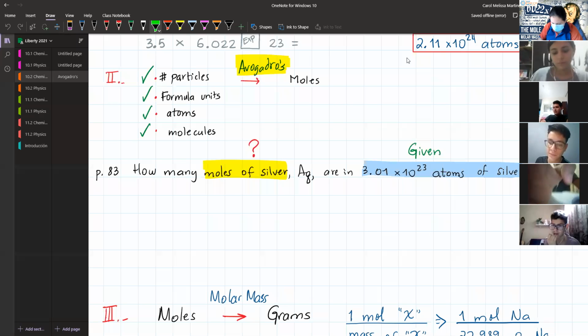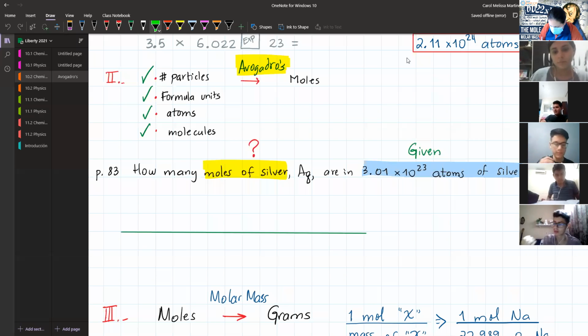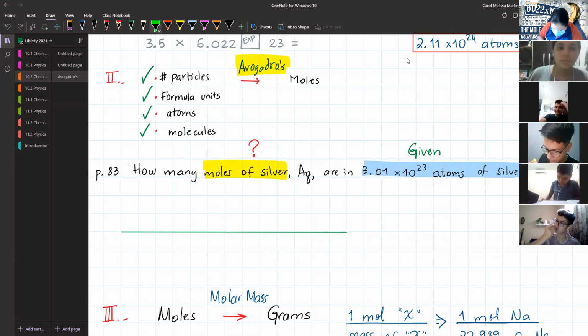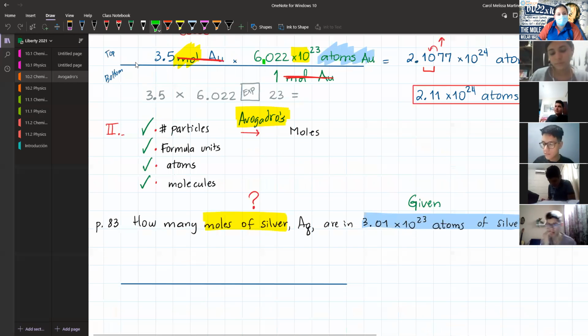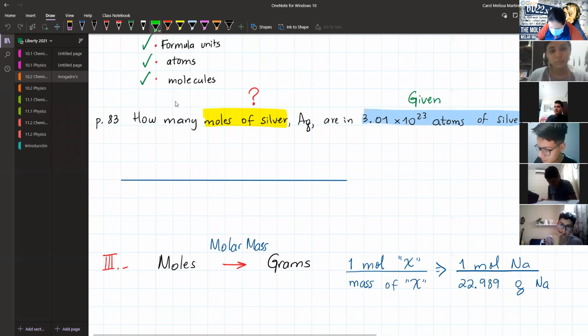So again, I'm going to trace a line, but that's only for teaching purposes. As I already told you in the example before, we always begin in the top with the given, okay?